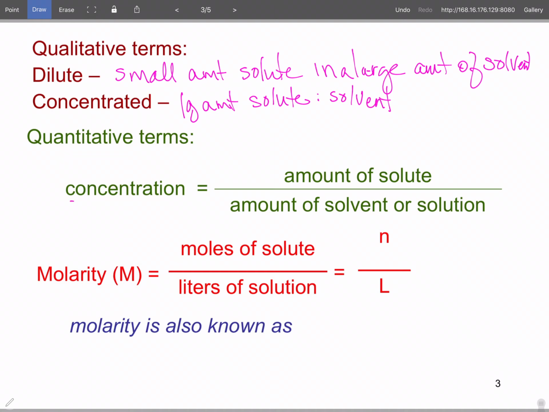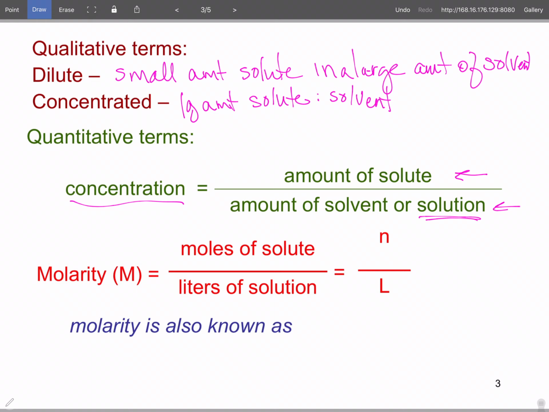But quantitatively, the concentration we're going to use is the amount of solute over the amount of solvent or solution. Now, we're going to stick with solution. Later on in 1212, we will give you a variety of concentration units to deal with.